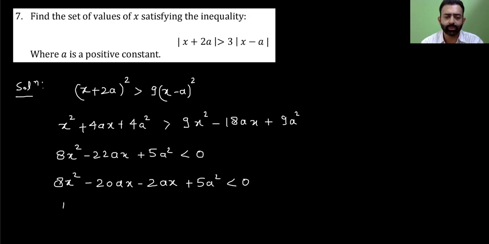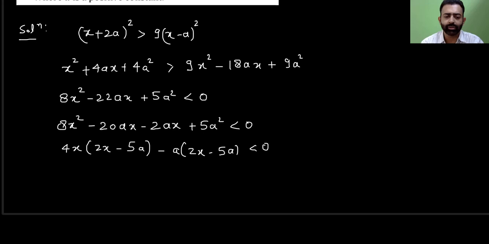Taking 4x outside as a common factor, this is 2x minus 5a, and minus a as a common factor, you will get 2x minus 5 times a, less than 0. So I have two linear factors. One is 4x minus a and second is 2x minus 5 times a. This is less than 0.